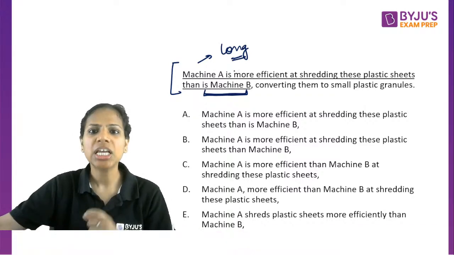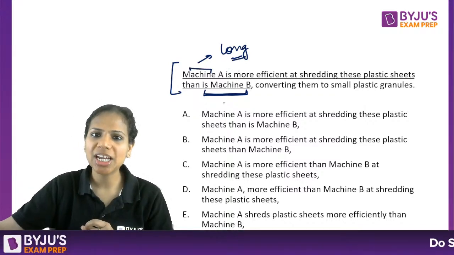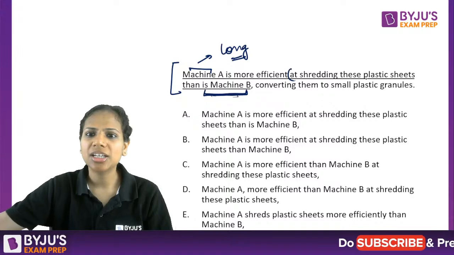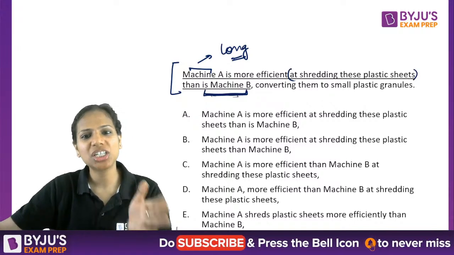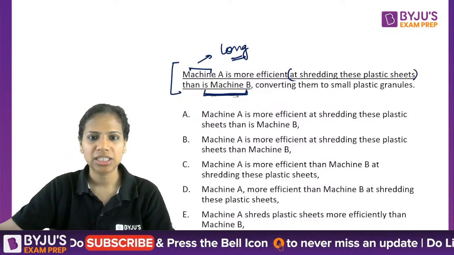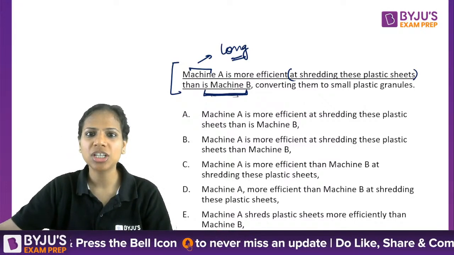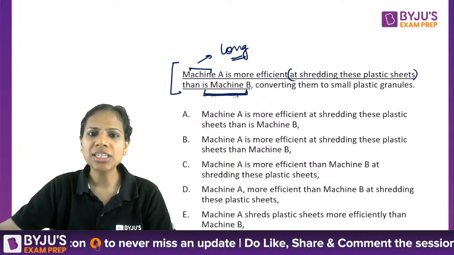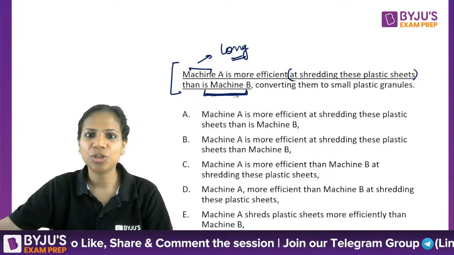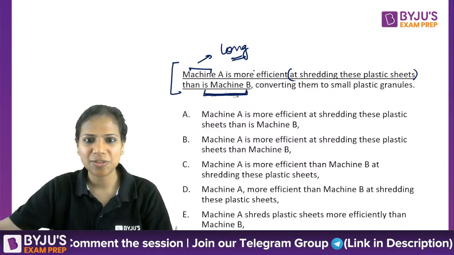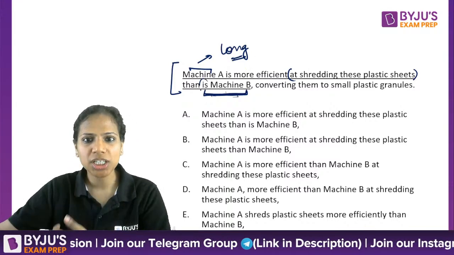Moreover, the comparison is between machine A and machine B. So why create an unnecessary distance between machine A and machine B? Machine A is more efficient than machine B. That's how I should say it. So this original sentence, first of all, creates an unnecessary distance between the machine A and machine B comparison. And secondly, it is wordy.